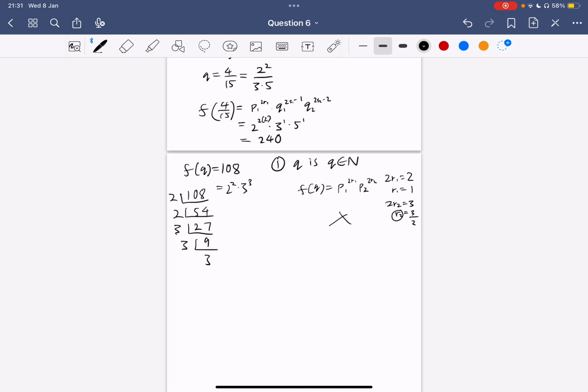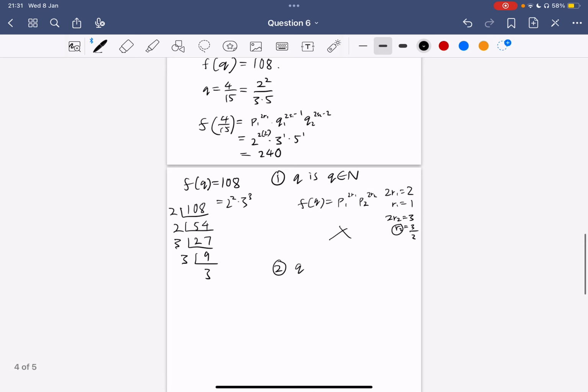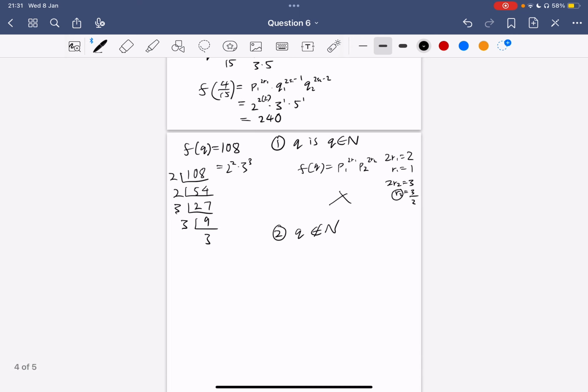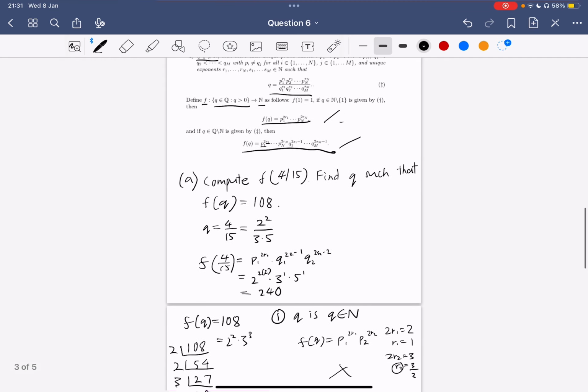So it can't be case 1, so it has to be case 2, where q is not a natural number. So f of q will be given by this.